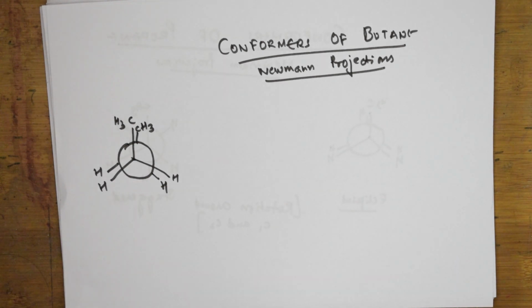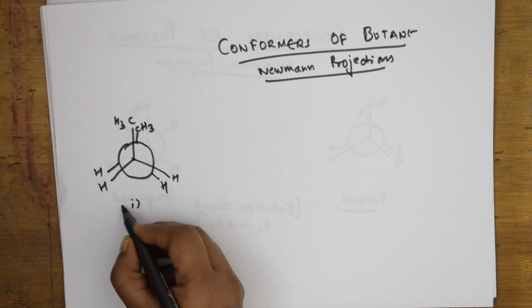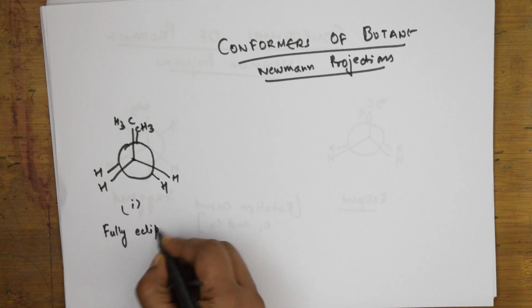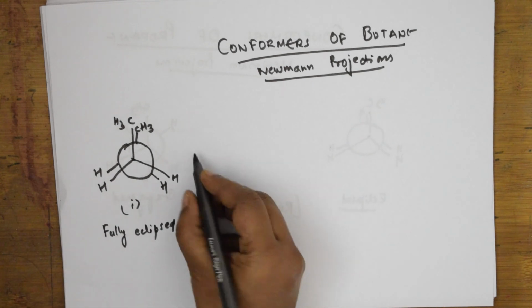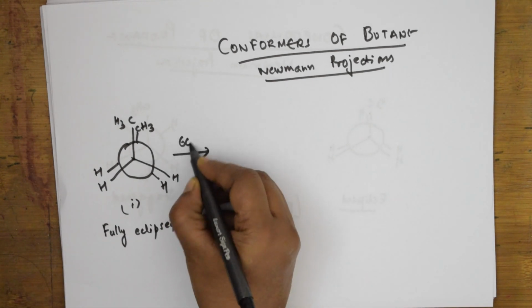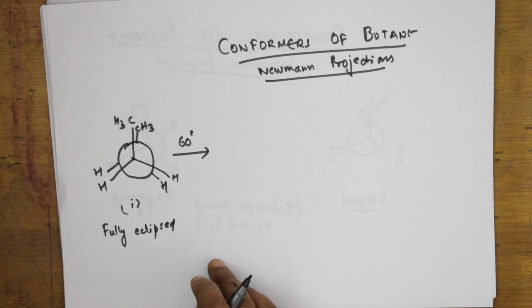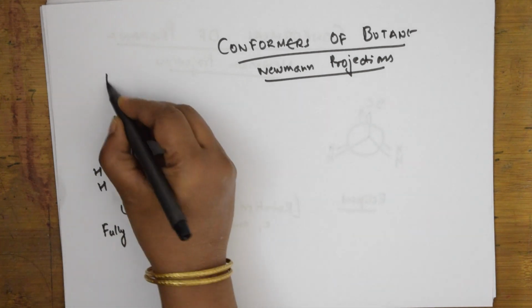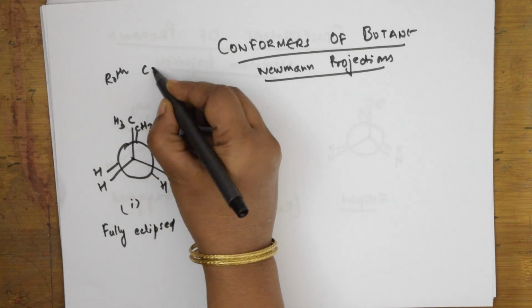This is the first one. Let us name this fully eclipsed form. Now we are going to show a 60-degree rotation, but between which carbons? Between C2 and C3. Let us write that: rotation between C2 and C3.